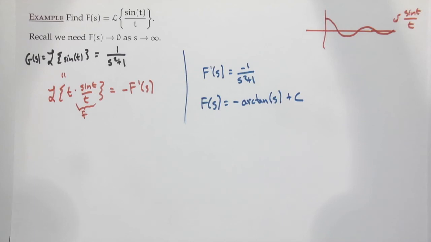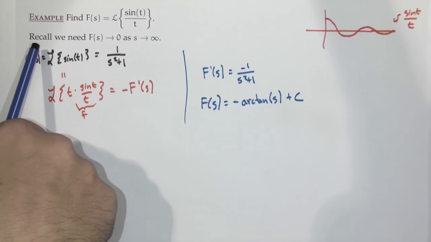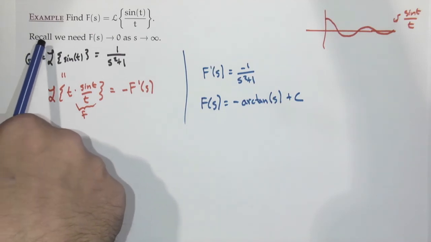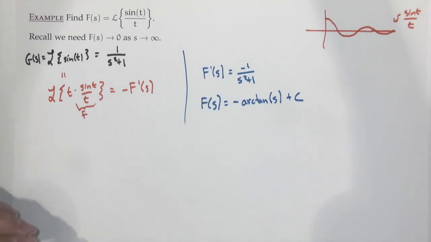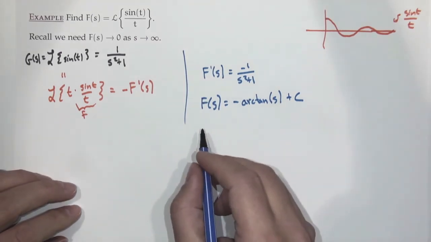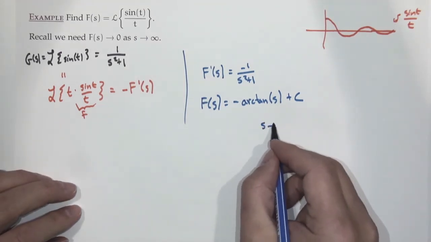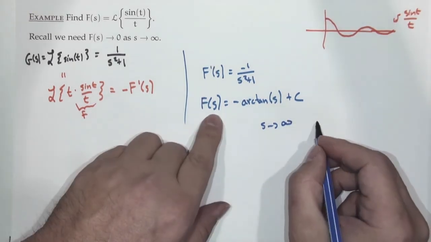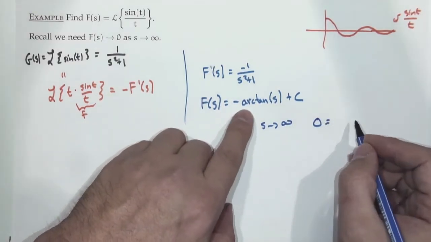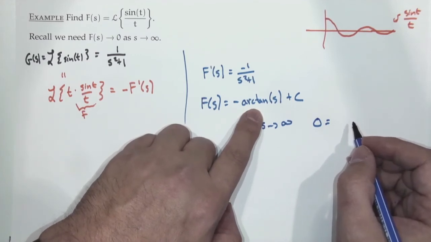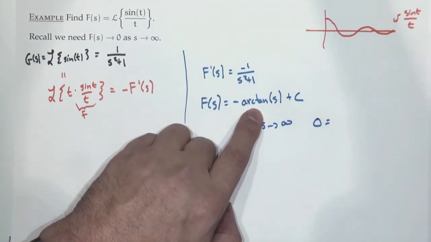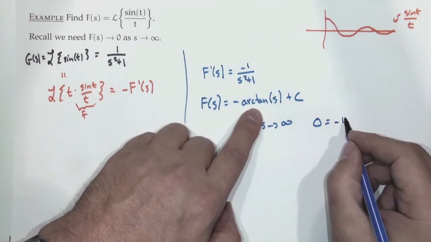Somebody said infinity, that's a bold c. There's this comment here, which we haven't pointed to, but now I'm pointing at it. We need the function to go to 0 as s goes to infinity. So, that says, okay, s going to infinity, we'll have that 0 equals, what happens to arctangent as we go to infinity? Pi over 2. That's right.